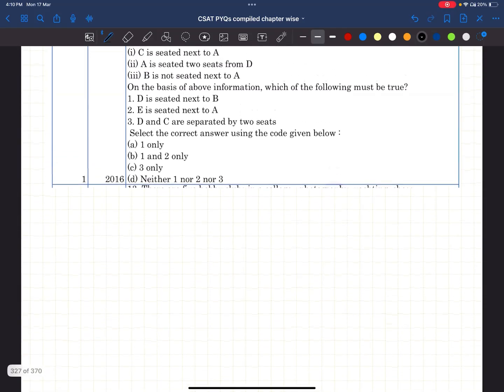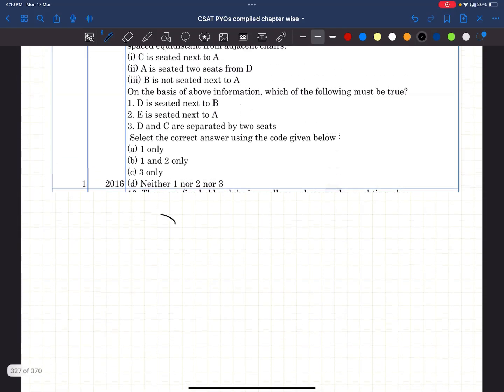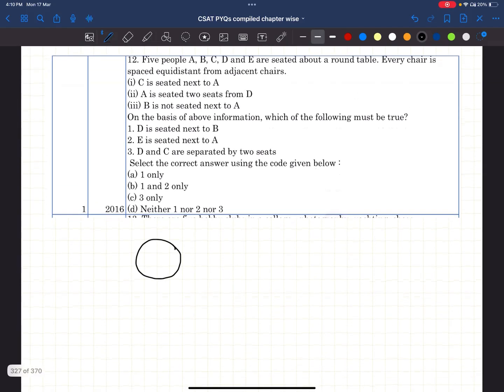What is it telling? There is a round table, and C is seated next to A. If A is here, C can take this seat, or this seat.